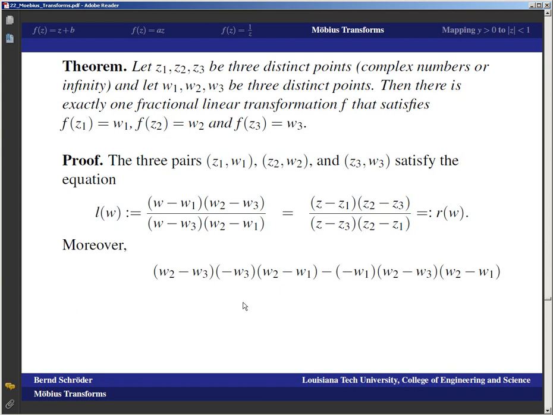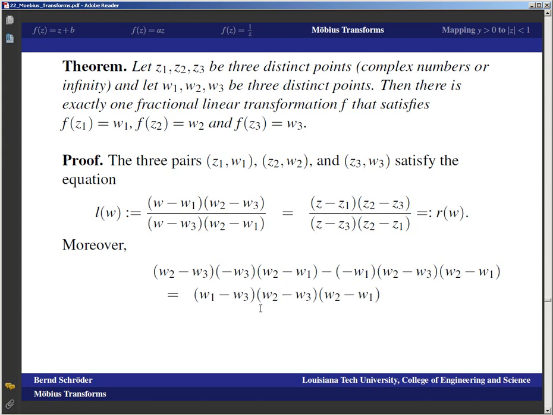notice also that this thing now is a Moebius transform, right? So let's see, the A would be W2 minus W3. The D would be negative W3 times (W2 minus W1). The B would be negative W1 times (W2 minus W3). And the C would be W2 minus W1, which is right here.